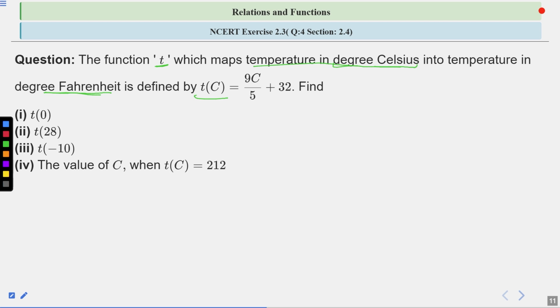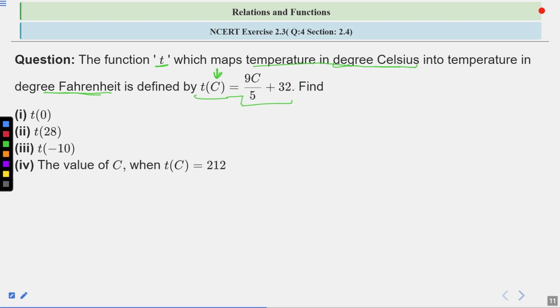Meaning, if you have any degree Celsius temperature, just provide it to this machine, and this will give you a number which exhibits the temperature in degree Fahrenheit. Clear? I hope what this function represents is clear.